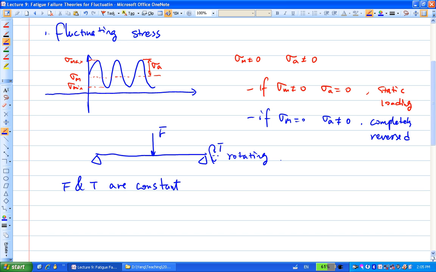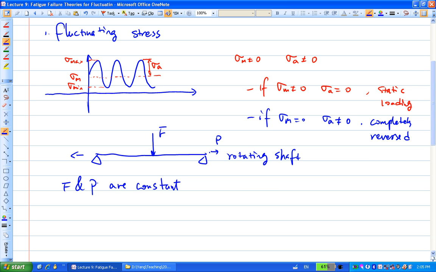So I'm trying to come up with a simpler example. Okay, let's erase this T here. For the rotating shaft, instead of a T, let's say I have a constant tensile force P here.